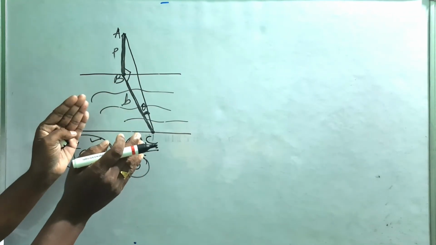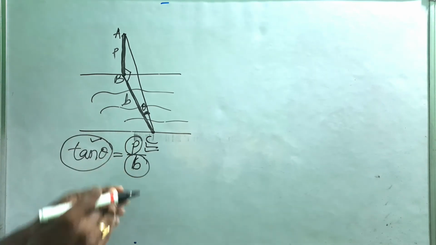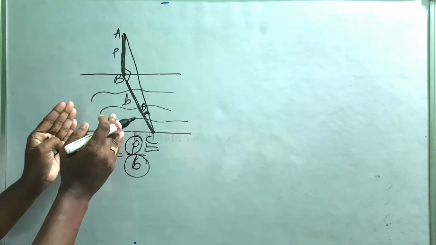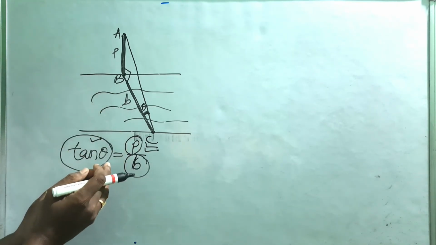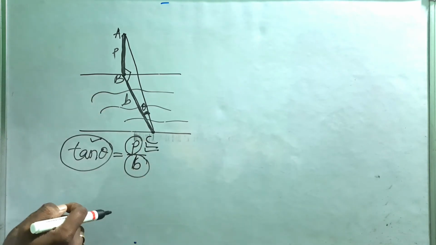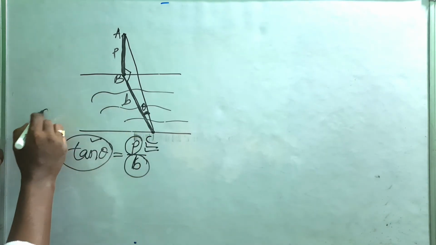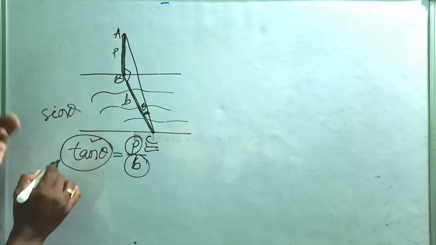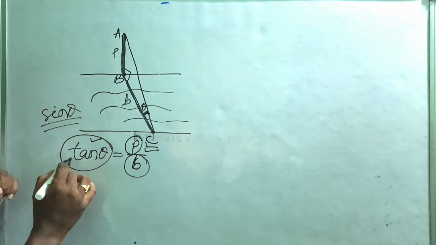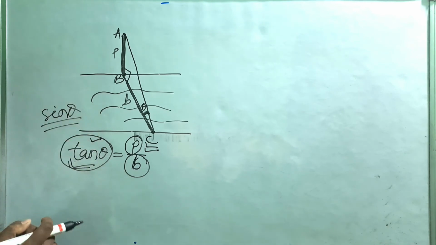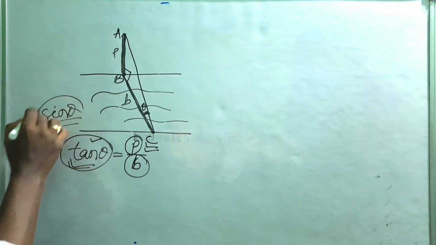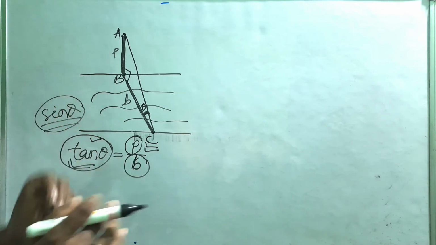So this is one application. There are several situations in which these trigonometric ratios can be used. In some cases sin theta is used, in most cases tan theta is used, but in some cases sin theta and cos theta are also used.